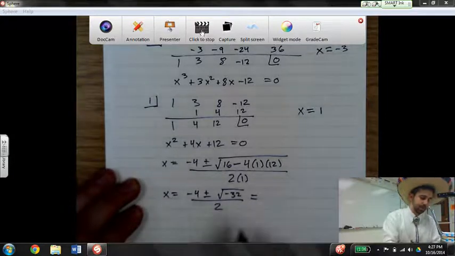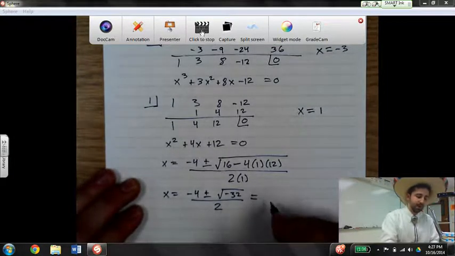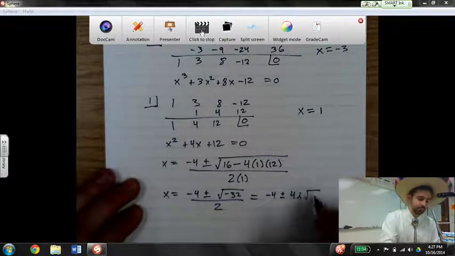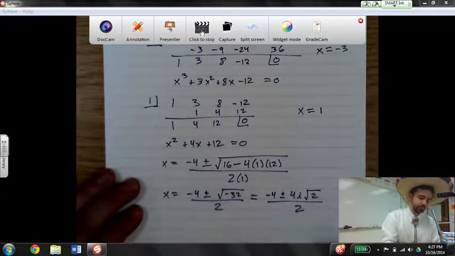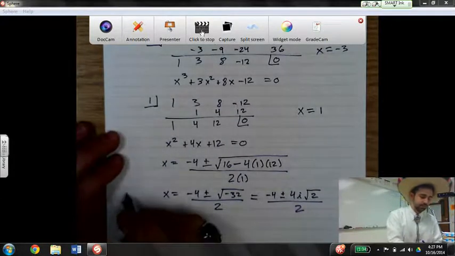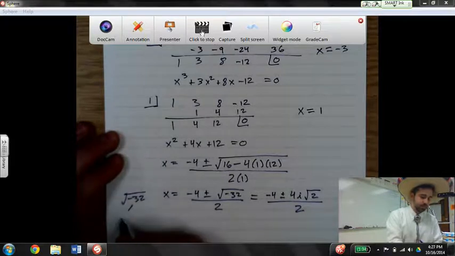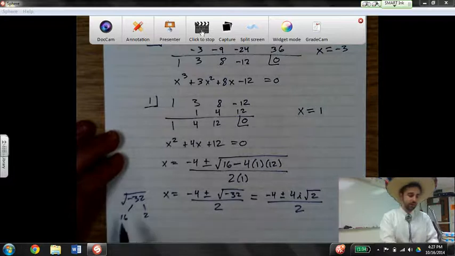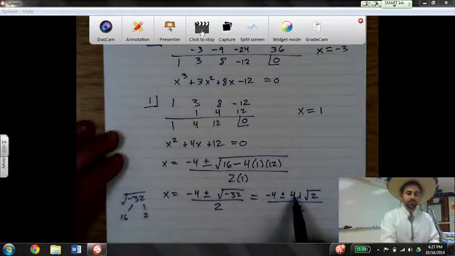And I can simplify the radical further to say 4i square root 2, because this negative 32 breaks up into 16 and 2, and 16 is a perfect square, which the square root of 16 is 4, is how I got the 4, and then the negative is how I got the i.